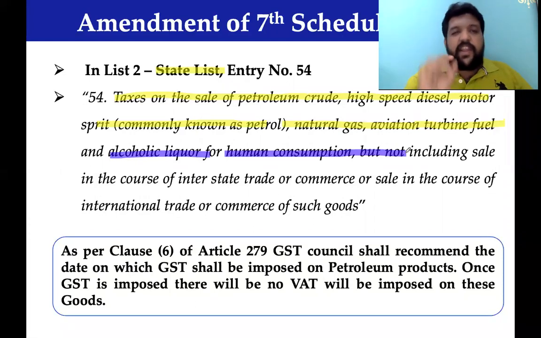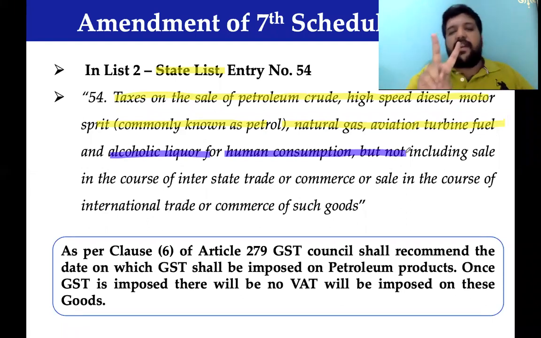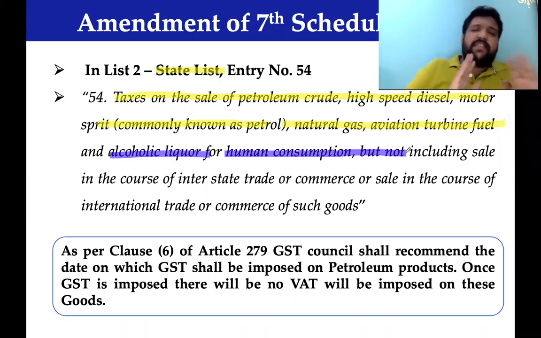So currently on petroleum products there are two taxes: central excise duty by the central government and value added tax by the state government. Both got the revenue. If it goes to GST, it is very simple: for intra-state supply, both will get their revenue.